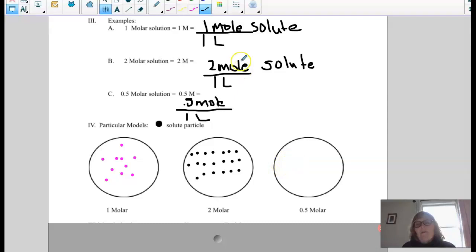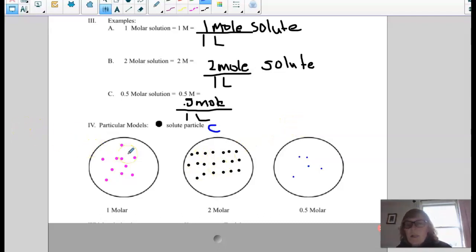And then if we want to make a 5 molar solution, then I would put in 5 moles. So it just shows you that this is the most concentrated right here, and this is the least. And you can tell by the number of particles.